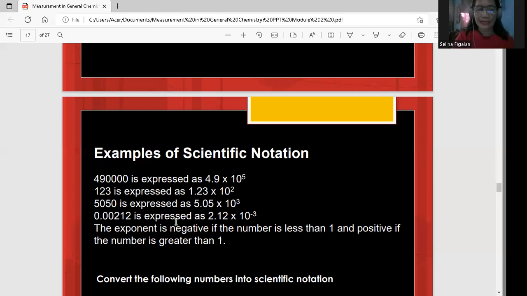Take note that you still make it less than 10 but more than 1. So this is 2.12 times 10 to the negative 13. Why? Because you move your decimal point going to the right. So the exponent is negative if the number is less than 1 and positive if the number is greater than 1. No, it is not.